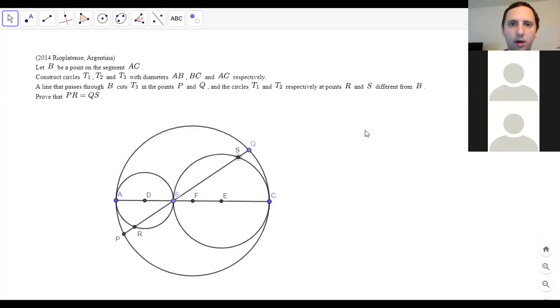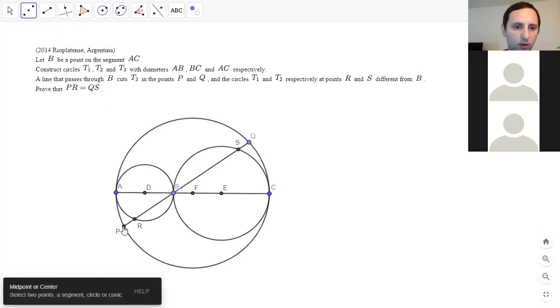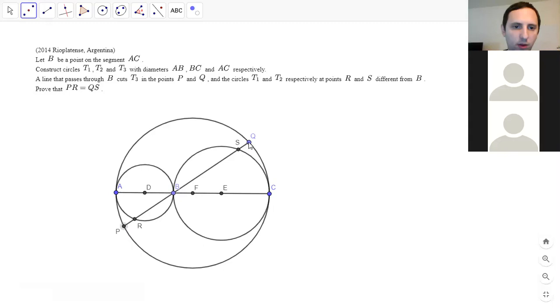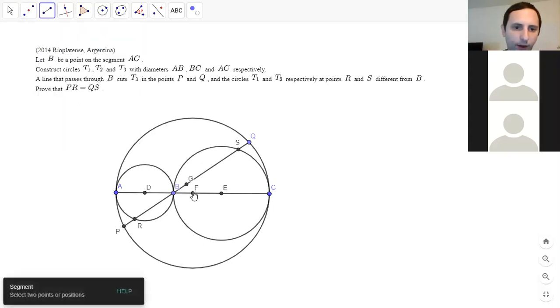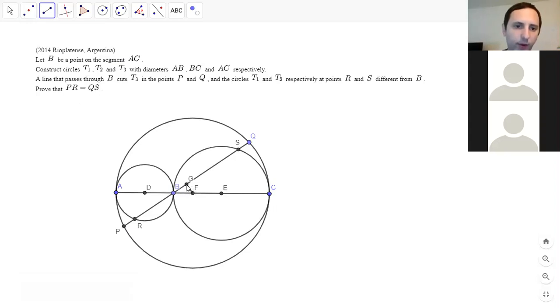Hold on just a sec. I think it's useful to draw AR and CS. Yeah, so FG, G is the midpoint of PQ, so FG is perpendicular to it. And I will draw AR and CS.